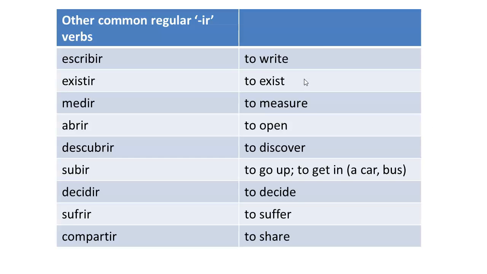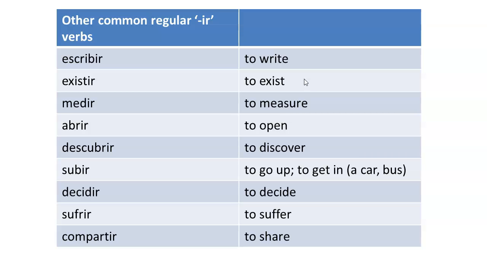Okay, so now that you're comfortable conjugating regular IR verbs in the present tense, this is just a sample of what you can now do. So for example, the verb escribir, actually any of these verbs here on the list, you can now conjugate them without a problem. So I write, escribo, he writes, él escribe, we write, escribimos.